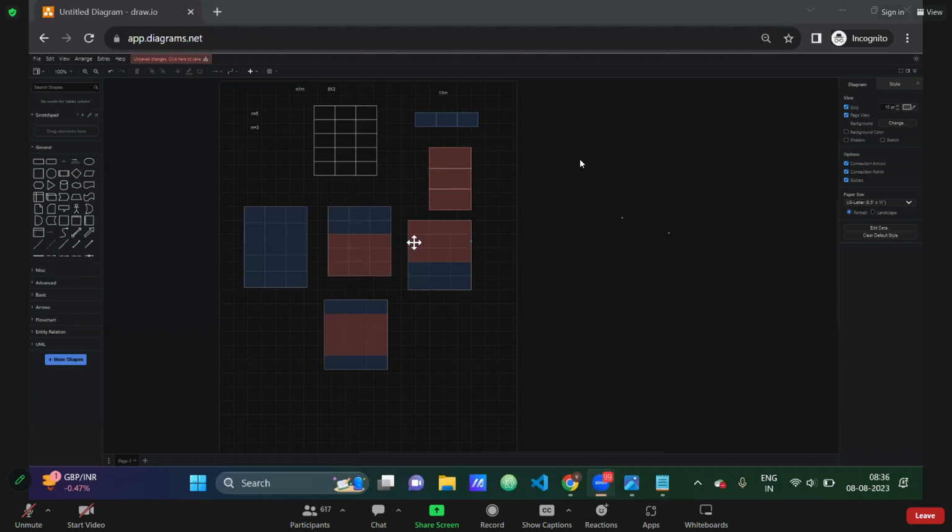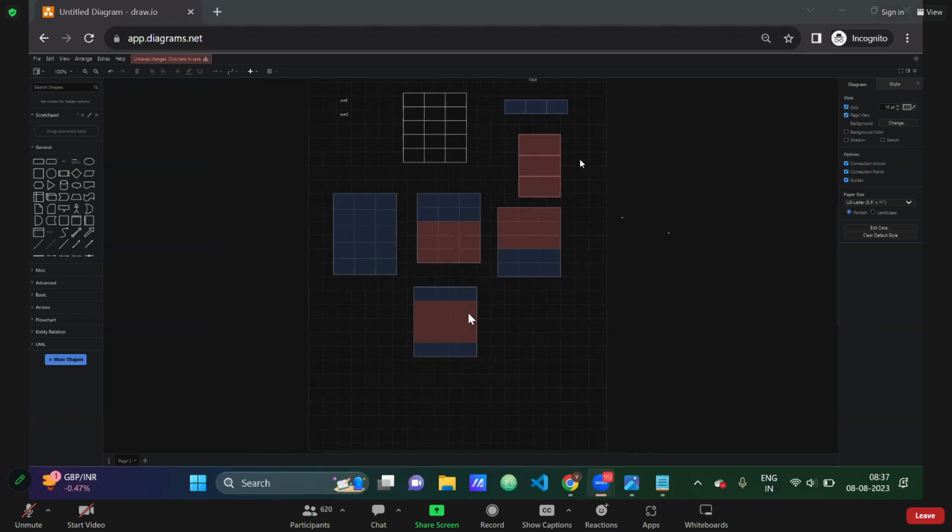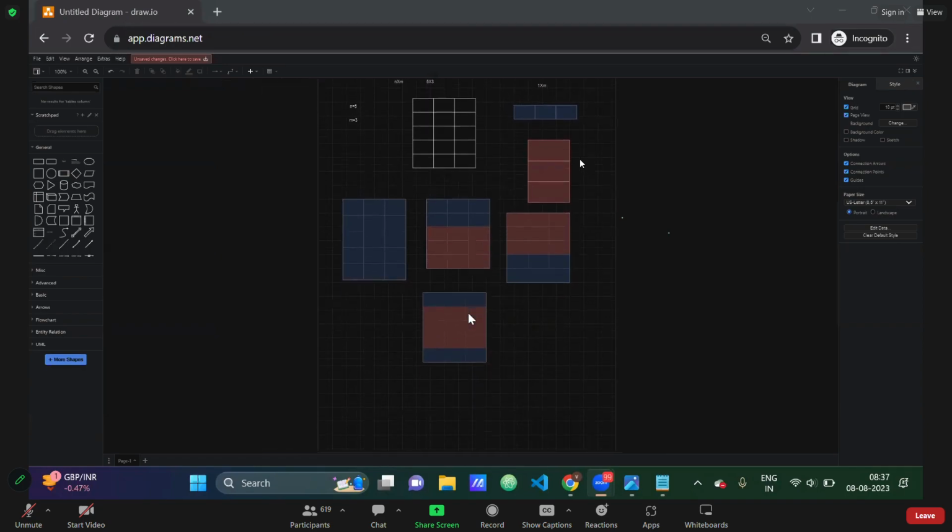So this is the second possibility. What is the other possibility? Placing three tiles vertically and two tiles horizontally. We can fill the wall. So this is the third possibility. What is the fourth possibility? Placing the tile horizontally first, then vertically three times, and then horizontally one. Understood? So this is the question description and the input output explanation.